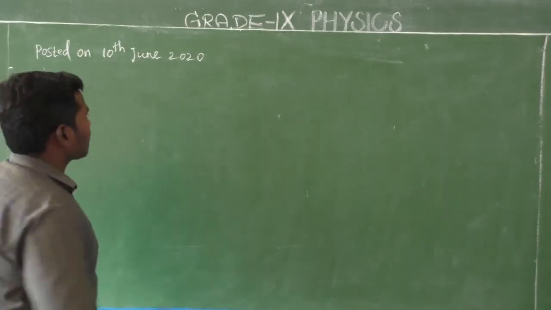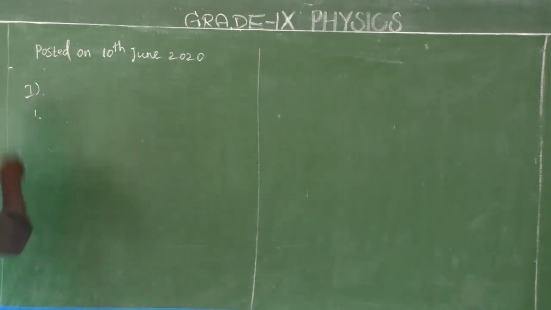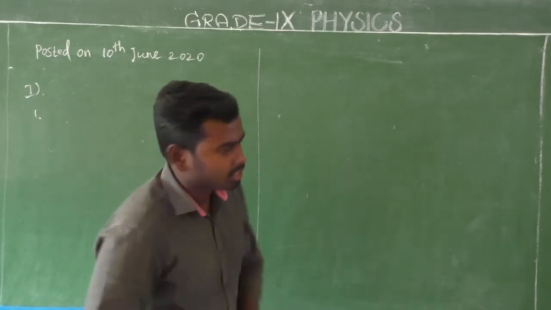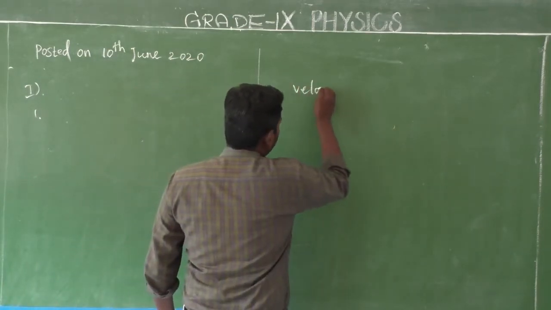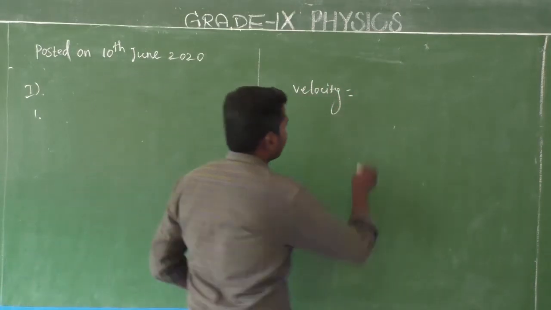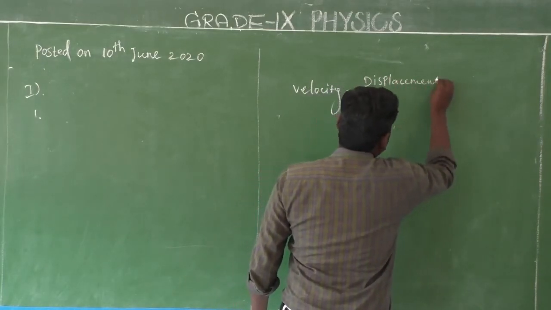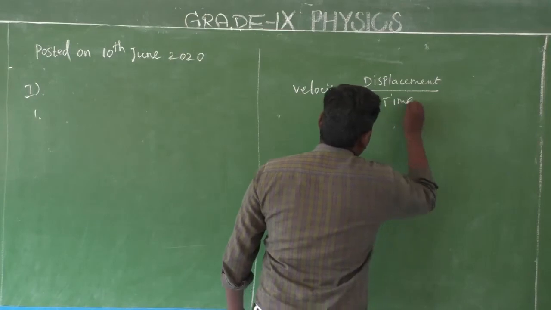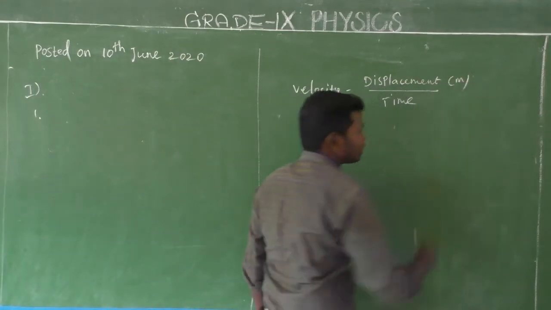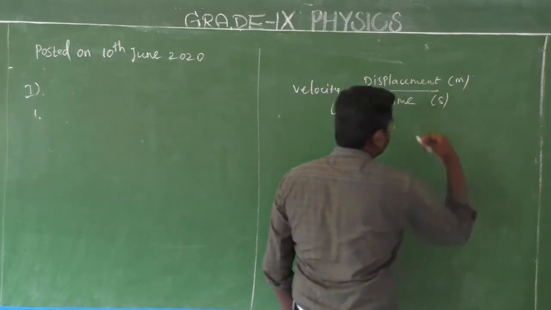The first question, Roman letter 1, the SI unit of velocity. So already we know velocity equals displacement divided by time taken. The SI unit of displacement is meter, and the SI unit of time is seconds.